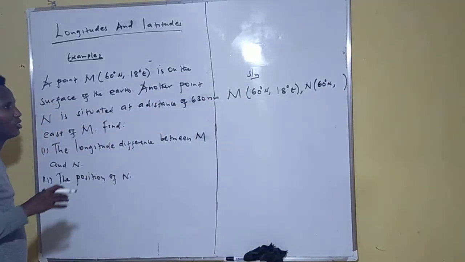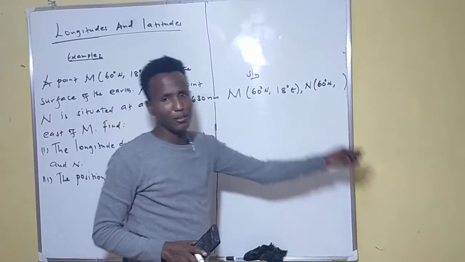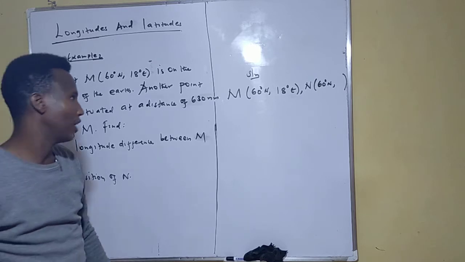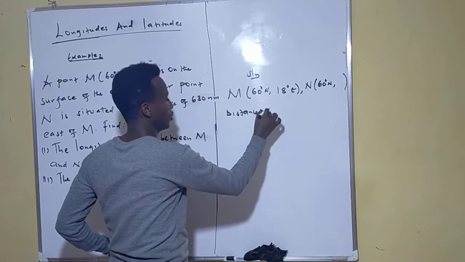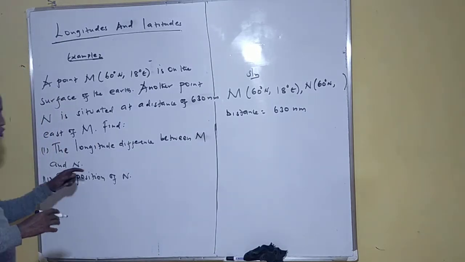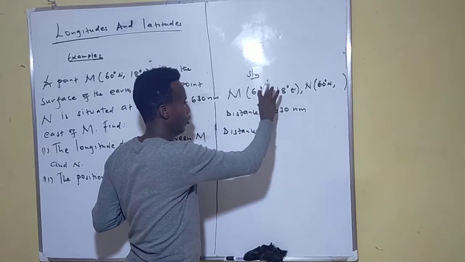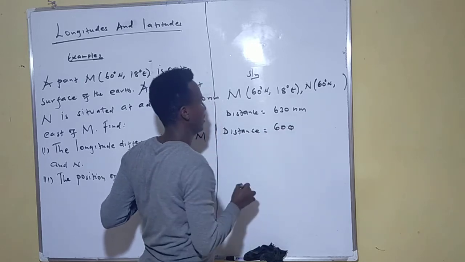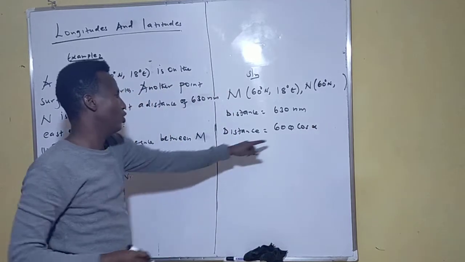If the latitude is not changing, that means the 2 points are on the same latitude. On the same latitude means it's a small circle. The distance in nautical miles is 630 nm. Under such a situation, when it's a small circle, distance equals 60 theta cos alpha. We don't have theta, we are looking for theta.